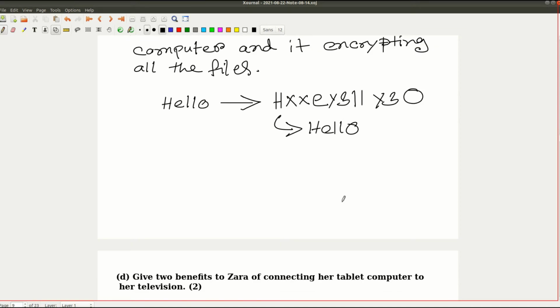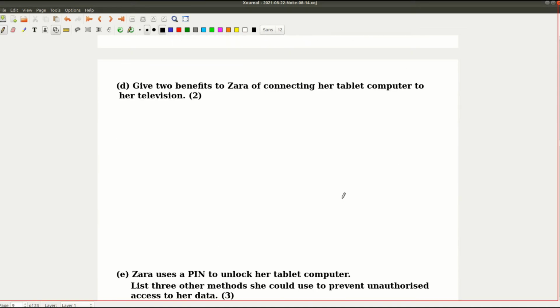Okay, so move to the next question. Give one benefit to Zara of connecting her tablet computer to her television. When you are connecting your tablet to your television, what's the benefit? The first benefit is obviously you will get a bigger screen, right? One is bigger screen.